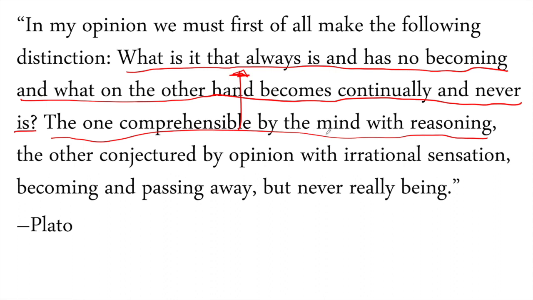It's only comprehensible with the mind and reasoning. So the example we gave last time was mathematics and geometry is the only way you can kind of comprehend these things. And Plato was a big proponent of those things. And then the other is conjectured, he says. So we just made assumptions by opinion and irrational sensation. So you can't trust your sensation.